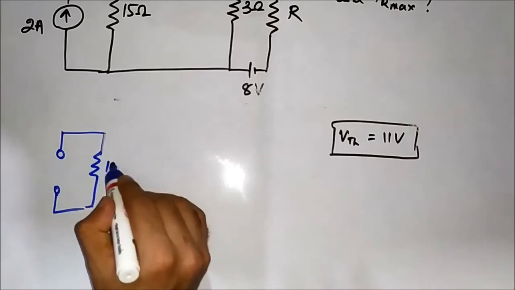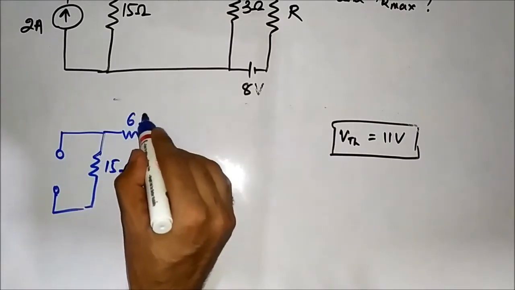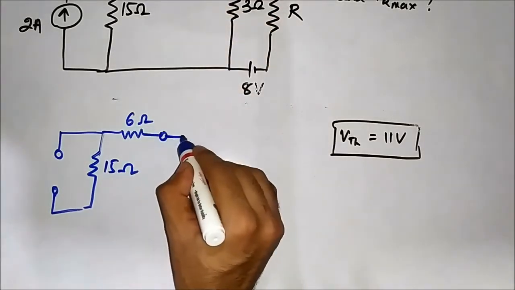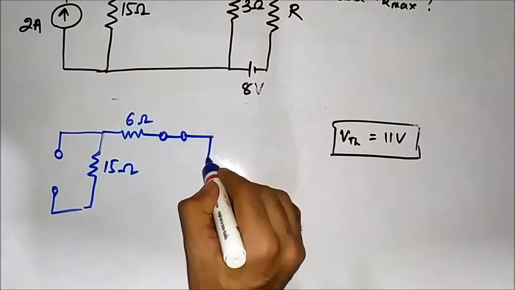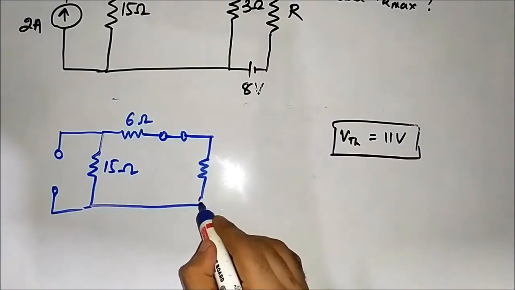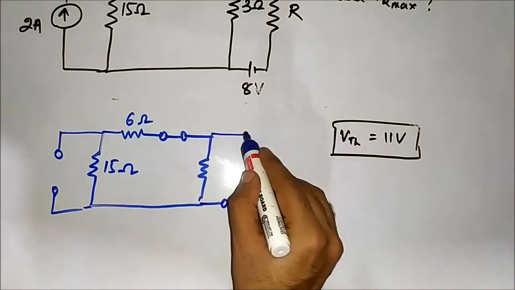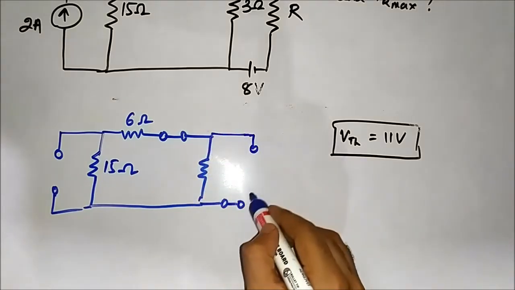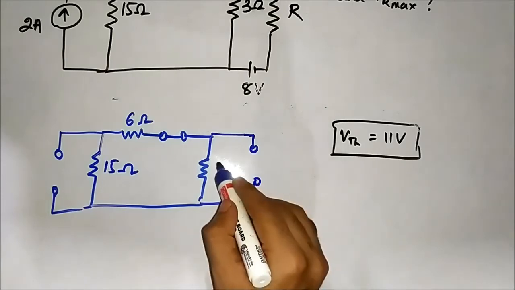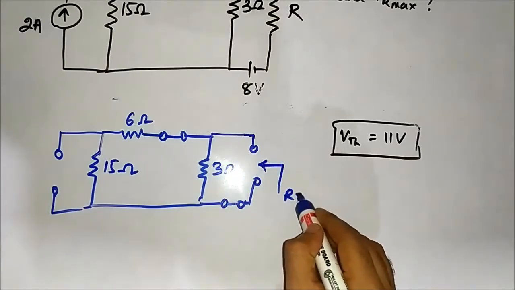This is 15 ohm, 6 ohm, the 6 volt will be short circuited, then 3 ohm, and this 8 volt will also be short circuited. This is 3 ohm.